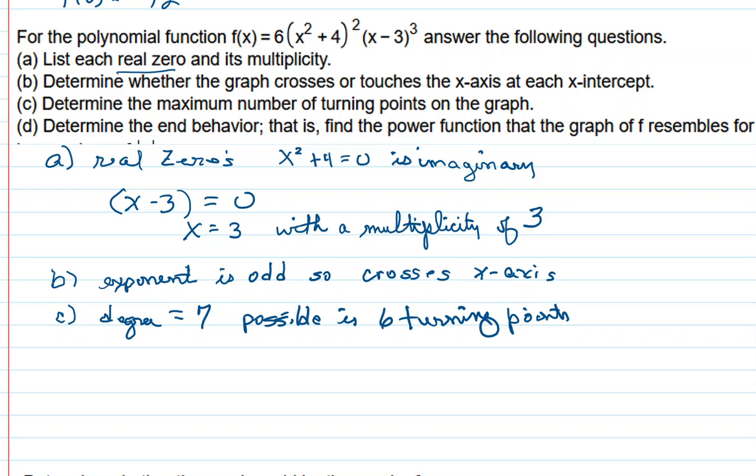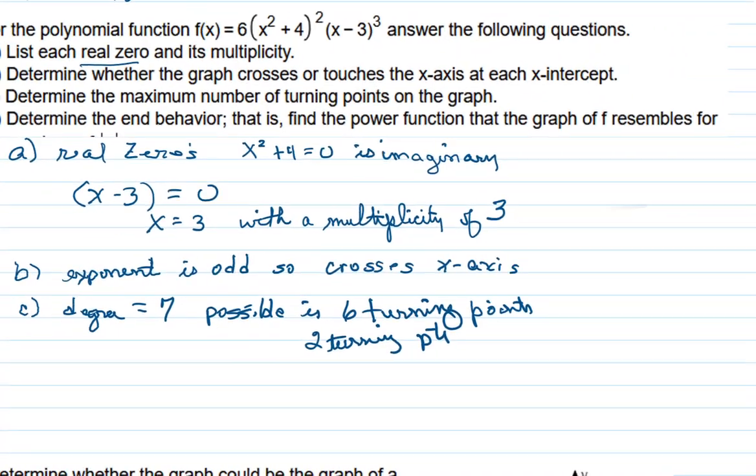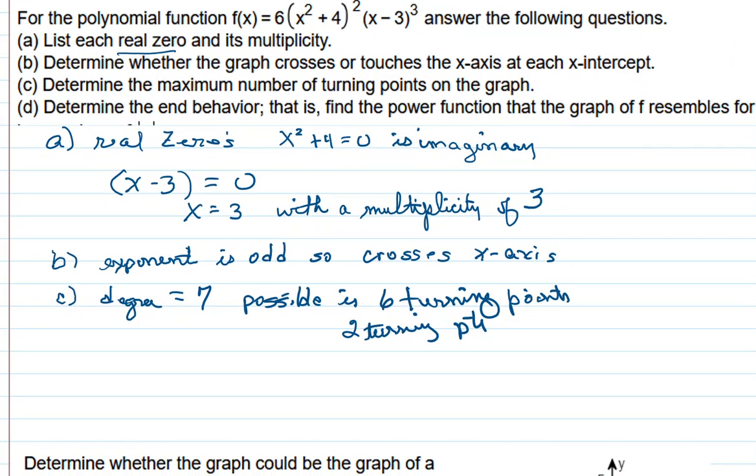Determine the end behavior, that is, find the power function that the graph resembles. The graph of f resembles x to the 7th, determine the end behavior. Okay, so we have an odd degree, and they want to know the end behavior. If it's odd, then if we're talking negative infinity, where is it? Over here.